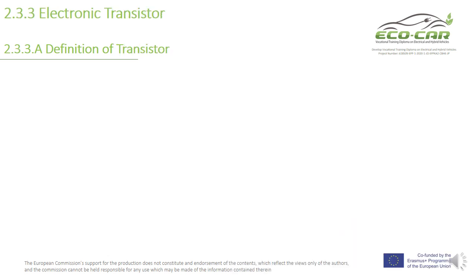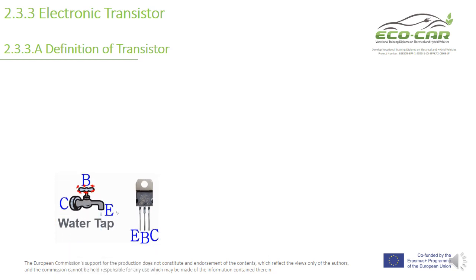Now, definition of transistor, the second type of active components. A transistor's function is like a water tap. As you know, a water tap is used to prevent the water from going from this side to this side by controlling this.